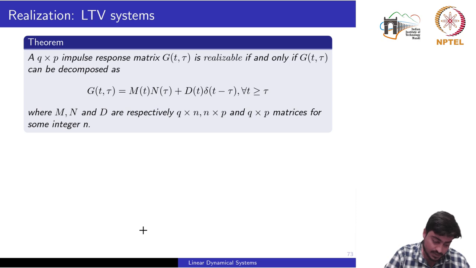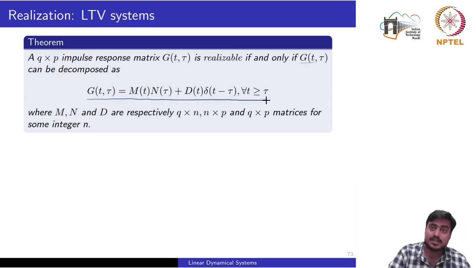So this is the result for the LTV system, that given a q cross p impulse response matrix G(t, tau), we say that it is realizable if and only if that matrix can be decomposed by this, where M and N are matrices of appropriate dimensions.